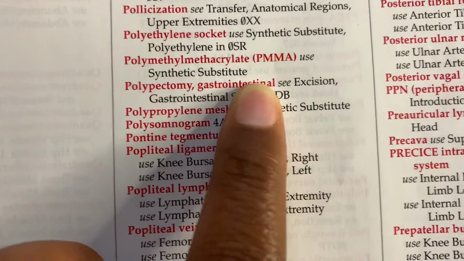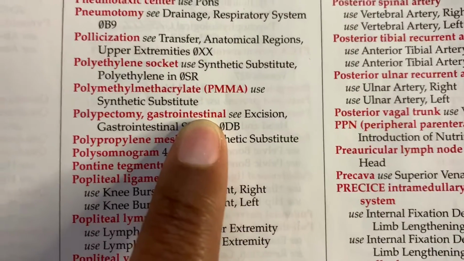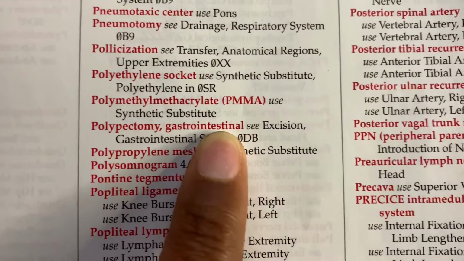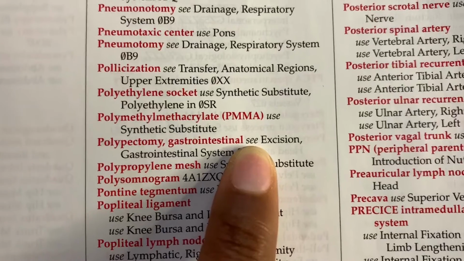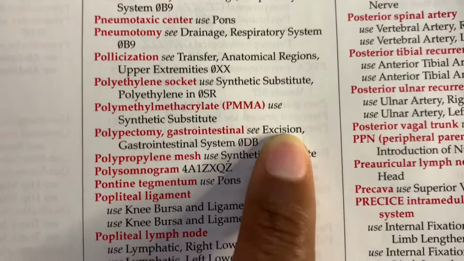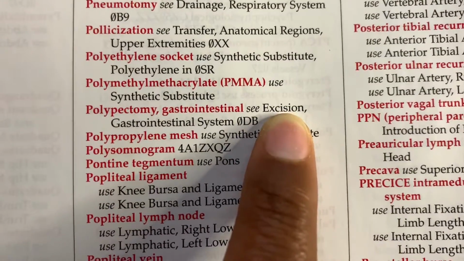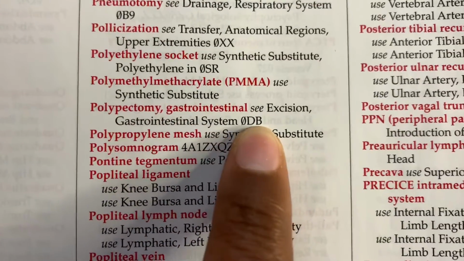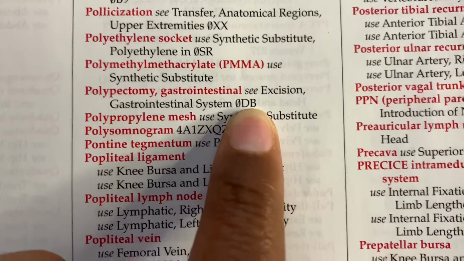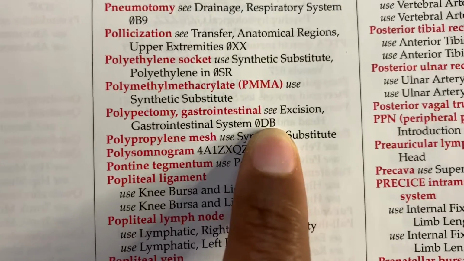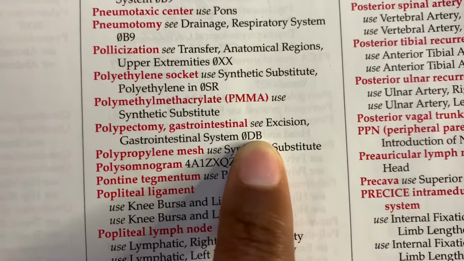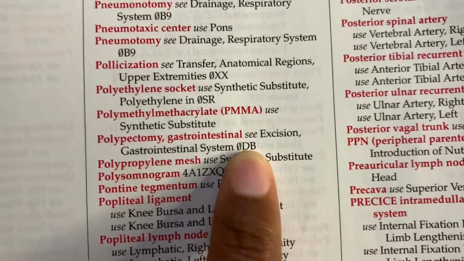Notice it's telling us where our body system is, which is the gastrointestinal, but we have a C note. And this C note is saying our root operation is going to be excision. And we have our first 3 characters of the code, which is 0DB. So now we need to go to our table of 0DB and complete the code.